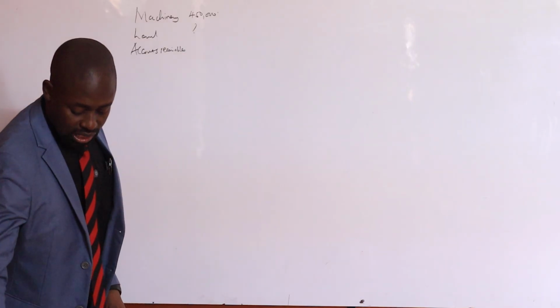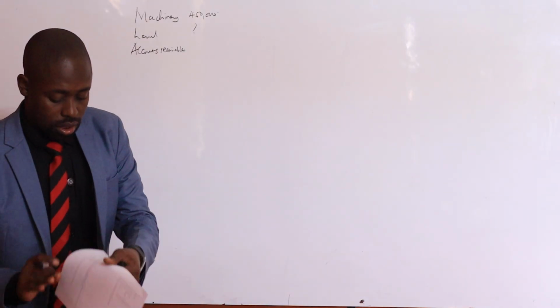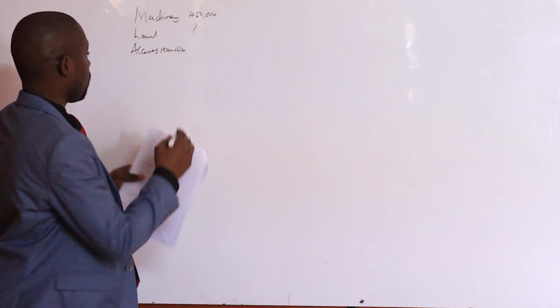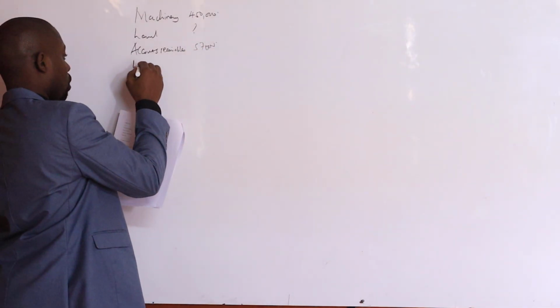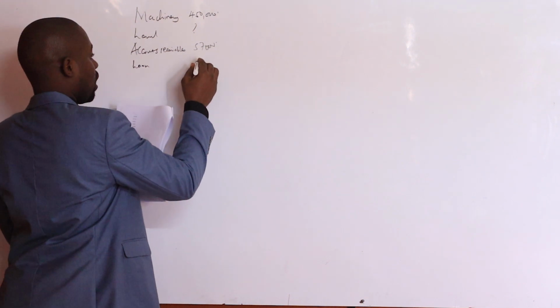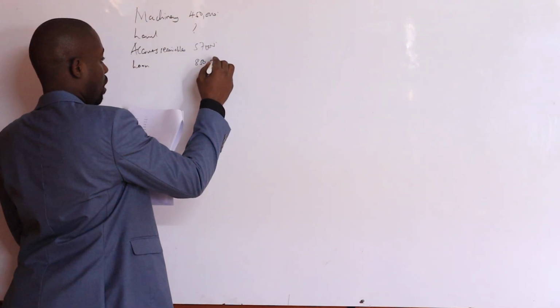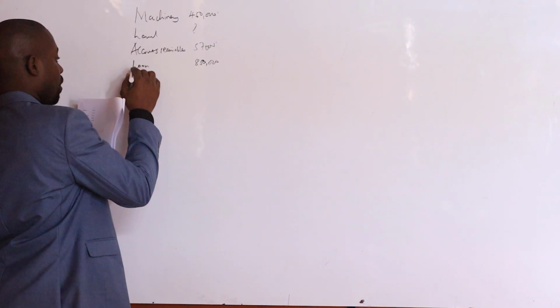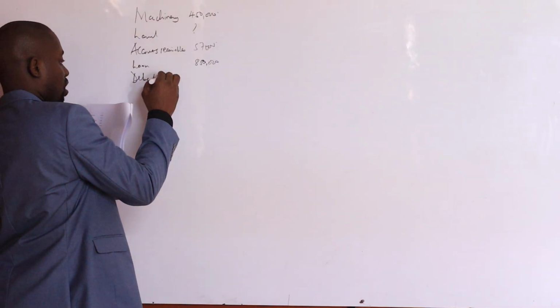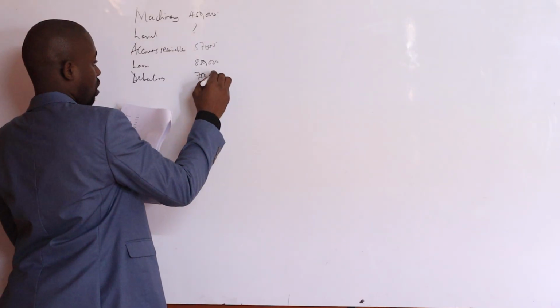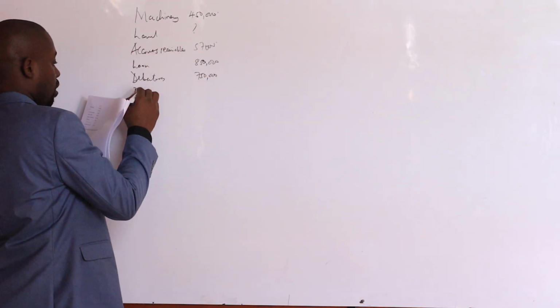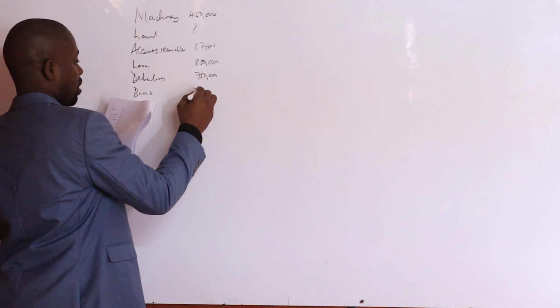You have it as 57,000. You've got loan, which is 850,000. You've got debentures, 750,000. Bank, 280,000.